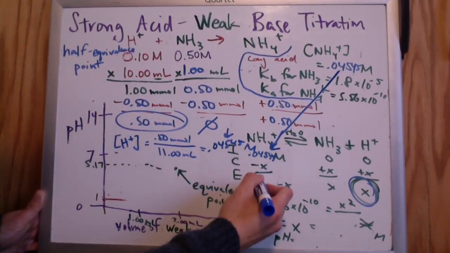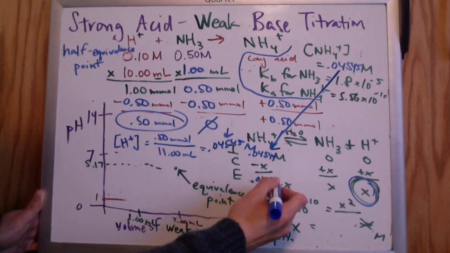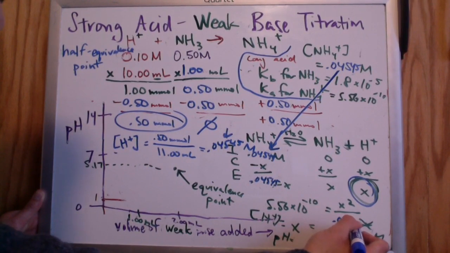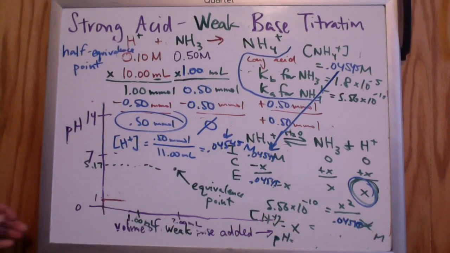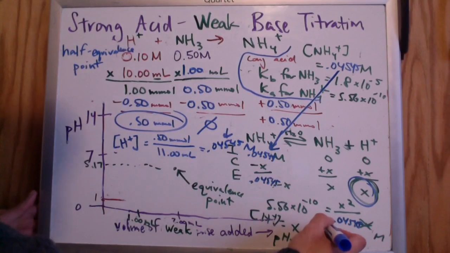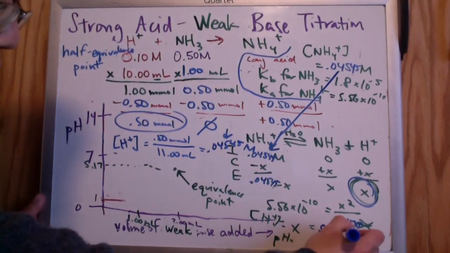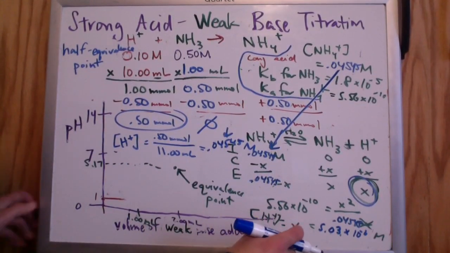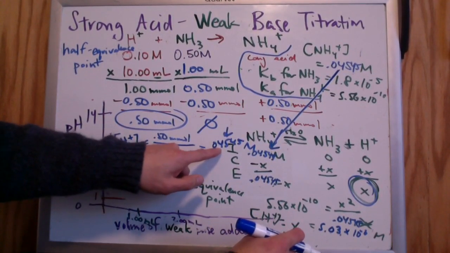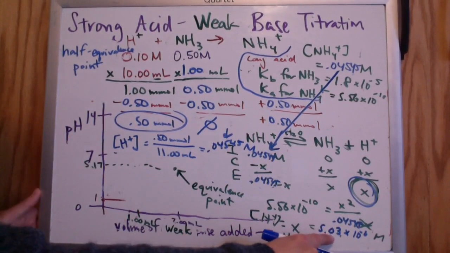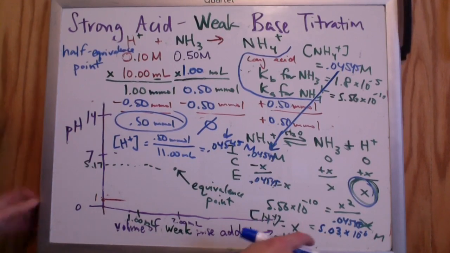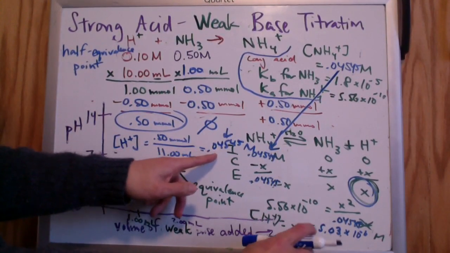And then we plug them all into these spots here, 0.04545, and then we solve for x. And we get 5.03 times 10 to the negative 6 molar for this x. And then in order to get the pH, we would add 0.04545 plus 0.00000503, or 5.03 times 10 to the negative 6, to get the total hydrogen ion concentration.